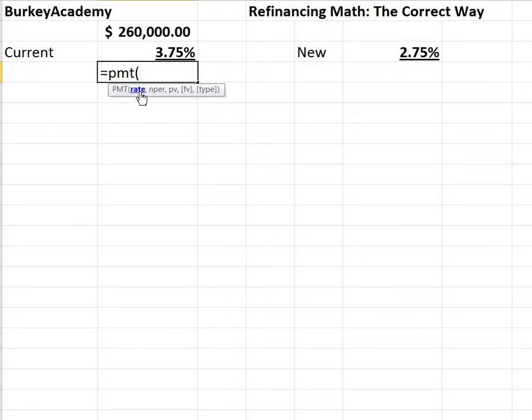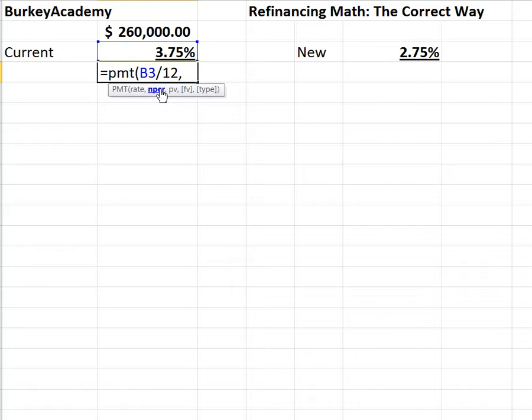So you put in 3.75% divided by 12. We can click here, cell B3, divided by 12. That's our rate as a monthly rate.